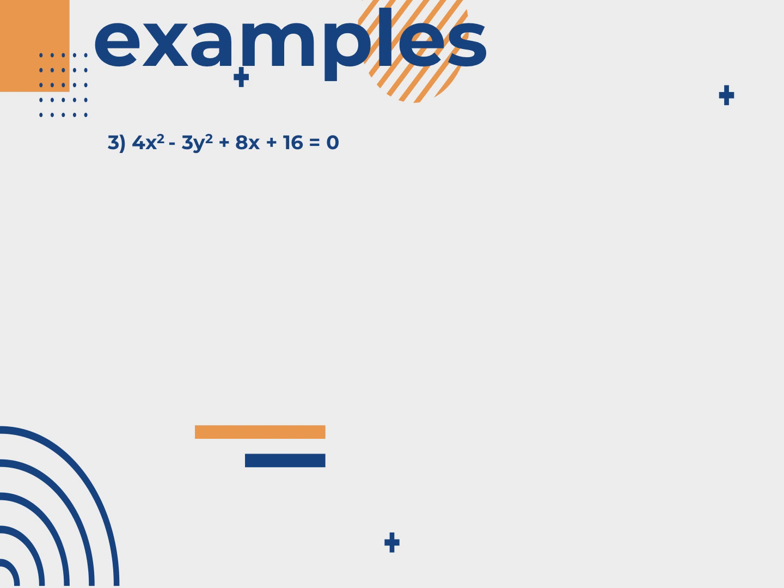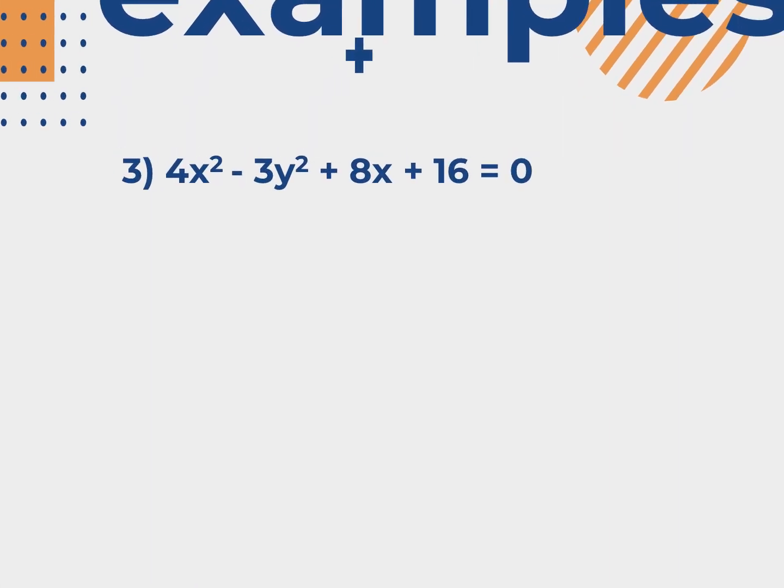All right, so for the next one, if you notice, the x squared is positive, but that y squared is negative. So when you have one positive, one negative, this is going to turn into the equation of a hyperbola. So again, we need to get our x's together side by side and our y's and move the constant to the other side.